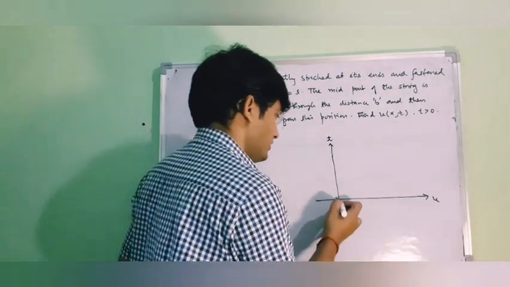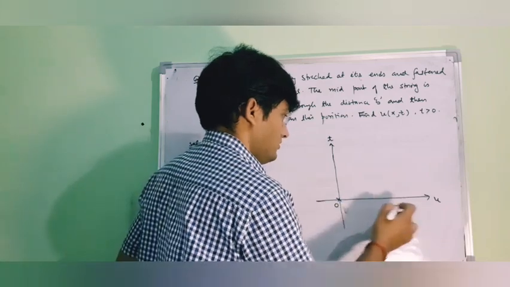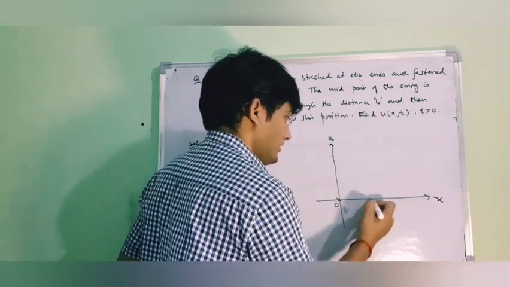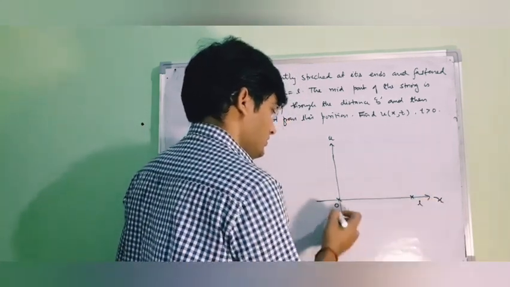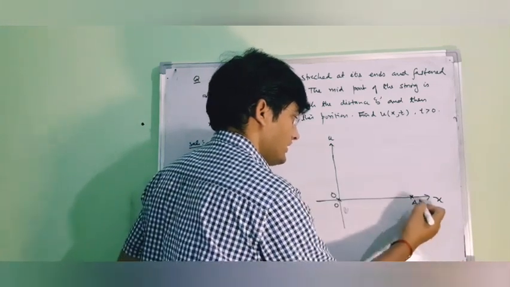Here our x is 0, and say this is your x axis and that is your u axis. So here your x is 0 and at this point say your x is L. Let us suppose that this is your O and this point is A.